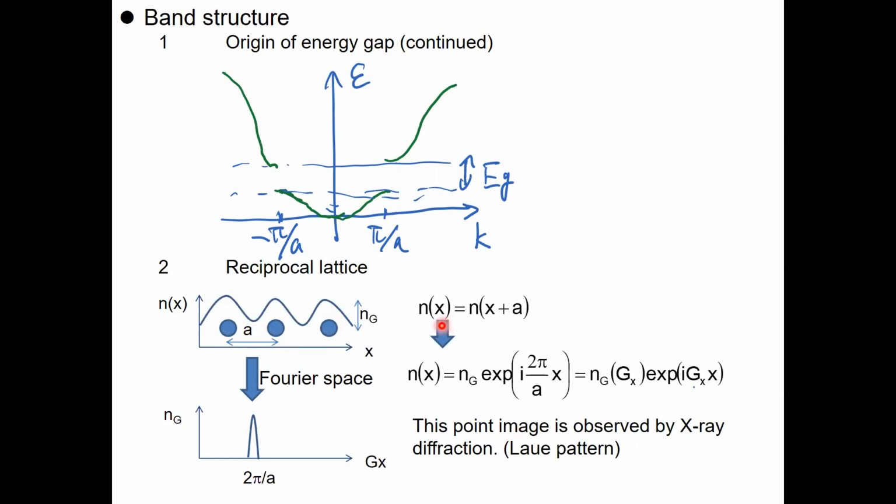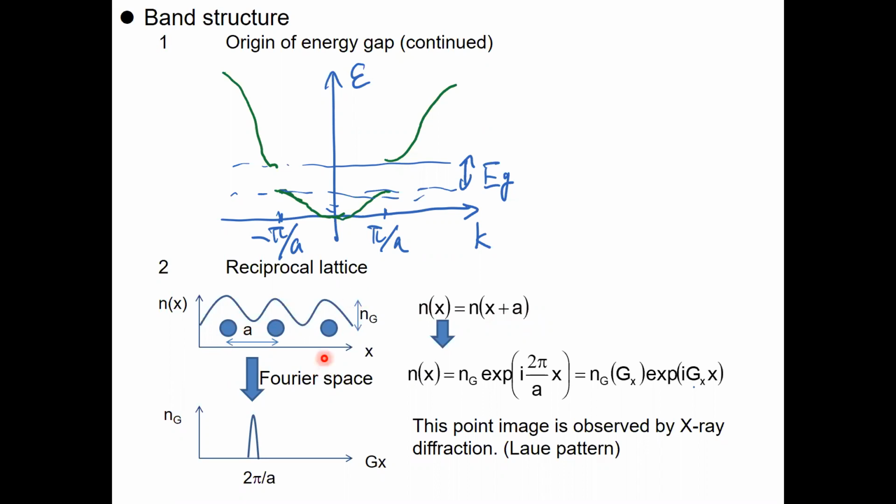So in many cases, the electron density has a periodic boundary condition, n of x equal to n of x plus a. We can draw almost infinitely this kind of oscillation pattern.